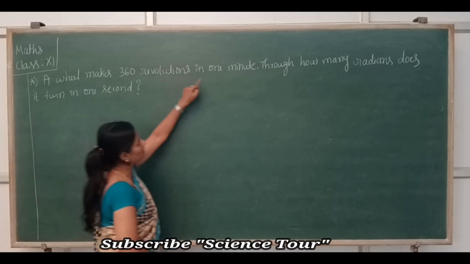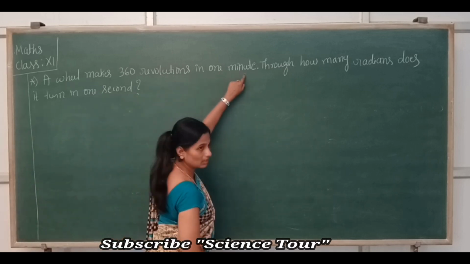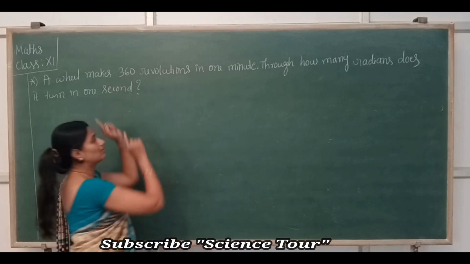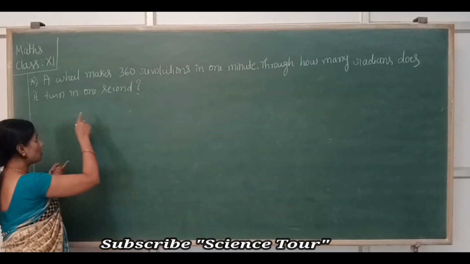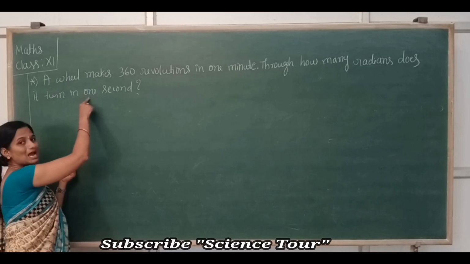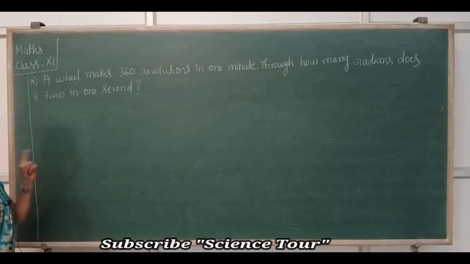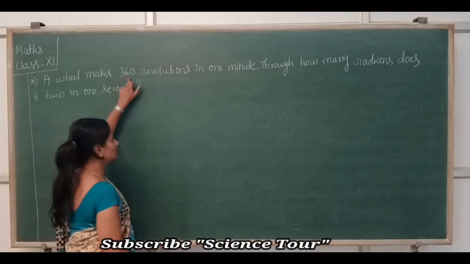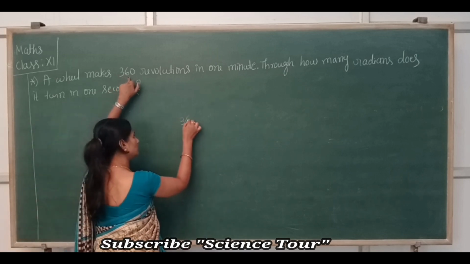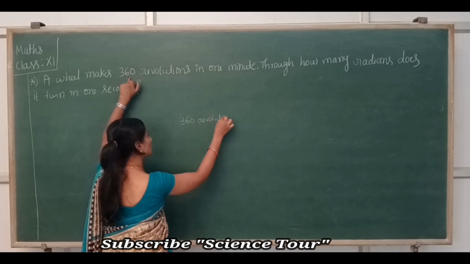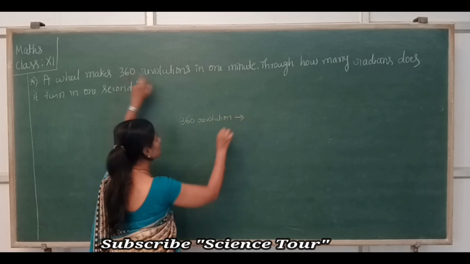So it is given that in 1 minute it takes 360 revolutions. So now you have to find out what is the angle covered in 1 second. So first we see here 360 revolutions, correct? For how many minutes?